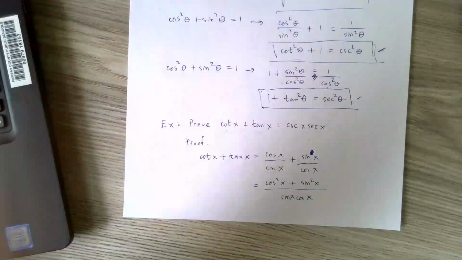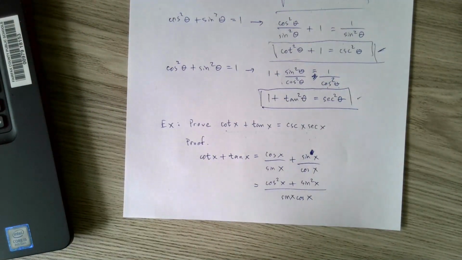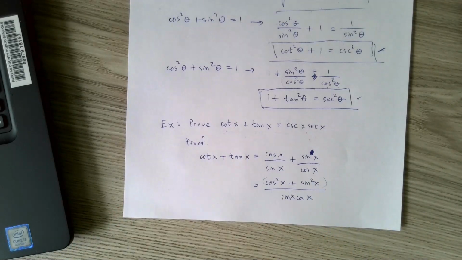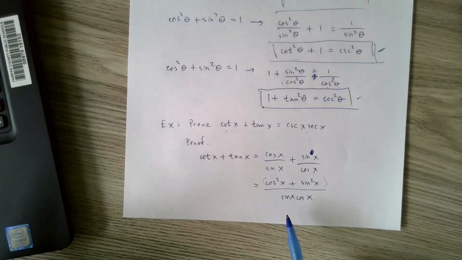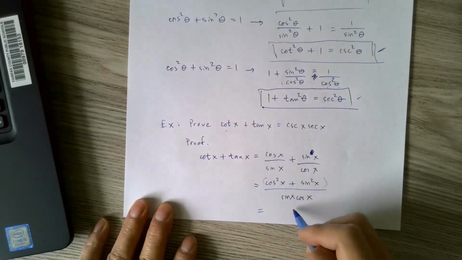Okay, I have my common denominator. I added the fractions by adding the numerators. And then, conveniently, this numerator is one of our identities: cosine squared of x plus sine squared of x is 1.